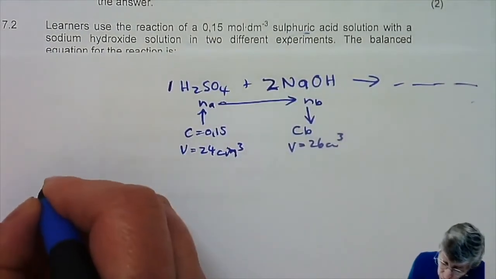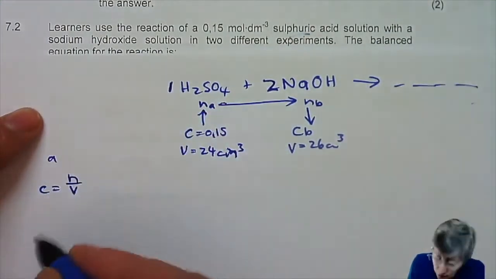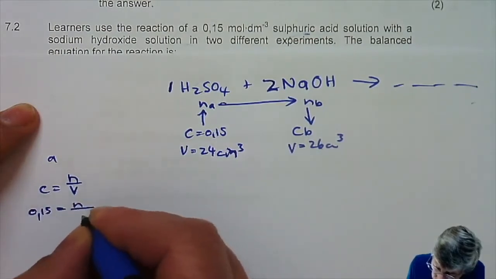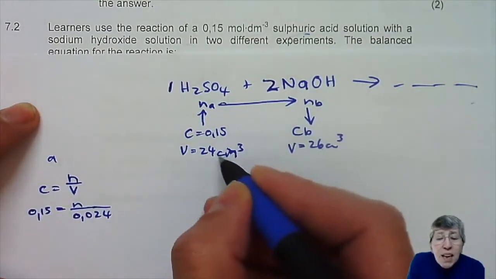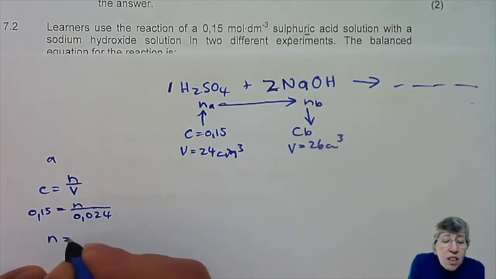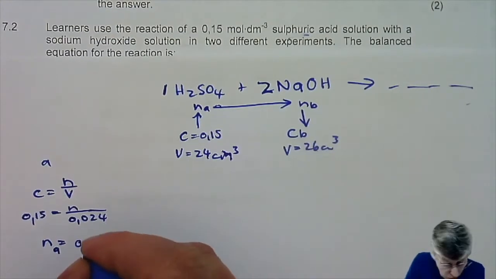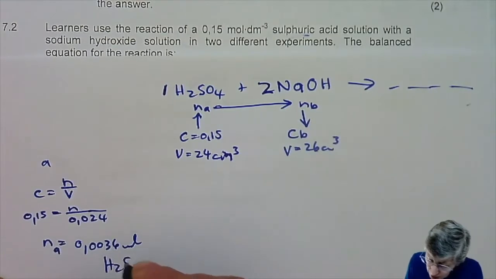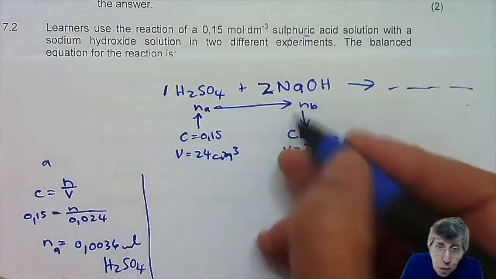So you can start off by C equals n over V. We're doing that for the acid, so the concentration being 0.15 and the volume being 0.024. Because remember, here we have to go to cubic decimeters. And that will give me the moles of acid, which is 0.0036, and that is moles of H2SO4.